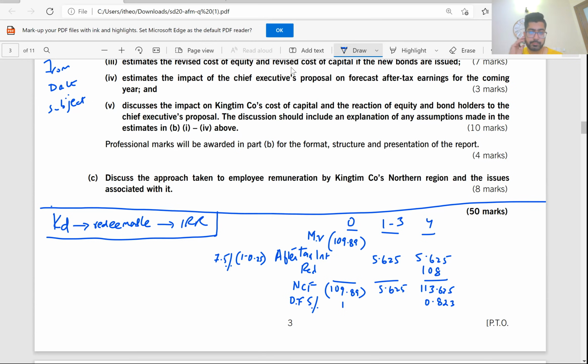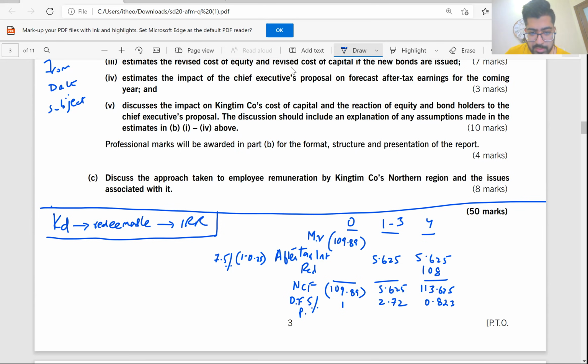And annuity factor of first 3 years, you can see it from the table as well, 2.72.